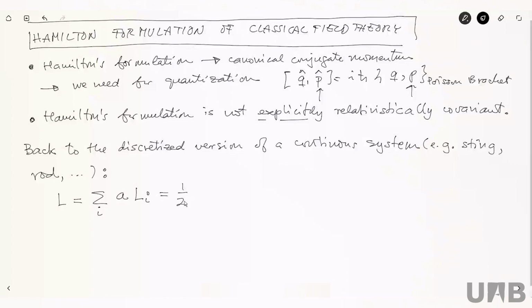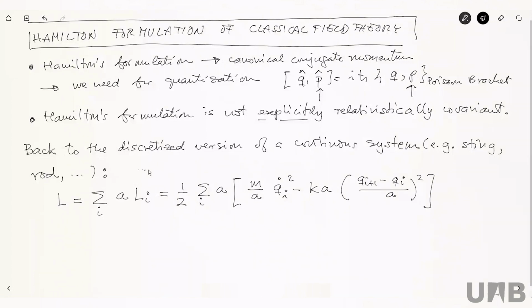This was 1/2 of the sum over i of a times (m over a) q dot i squared minus K a, which was Young's modulus, if you remember, times ((q_{i+1} minus q_i) divided by a) squared. So this was the Lagrangian of our system, right?